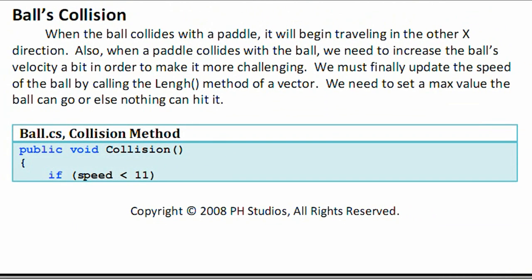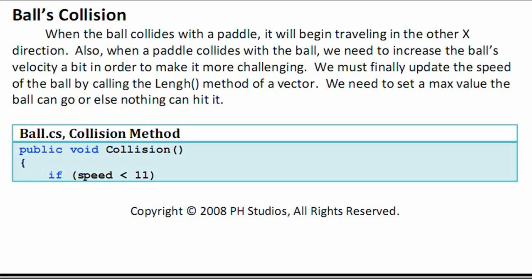The ball's collision. When the ball collides with the paddle, it will begin traveling in the other X direction. Also, when the paddle collides with the ball, we need to increase the ball's velocity a bit in order to make it more challenging. So what the length method does, it returns the length of the vector, which means as a 45-degree angle, when we initially create the ball and when we reset the ball, the length is speed of 6.